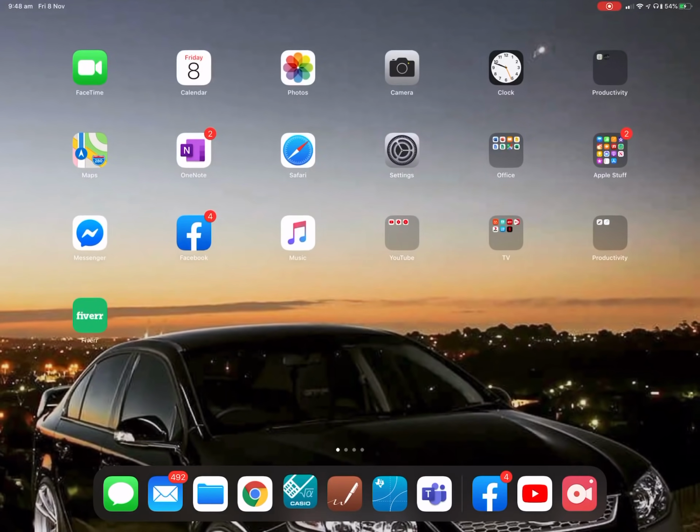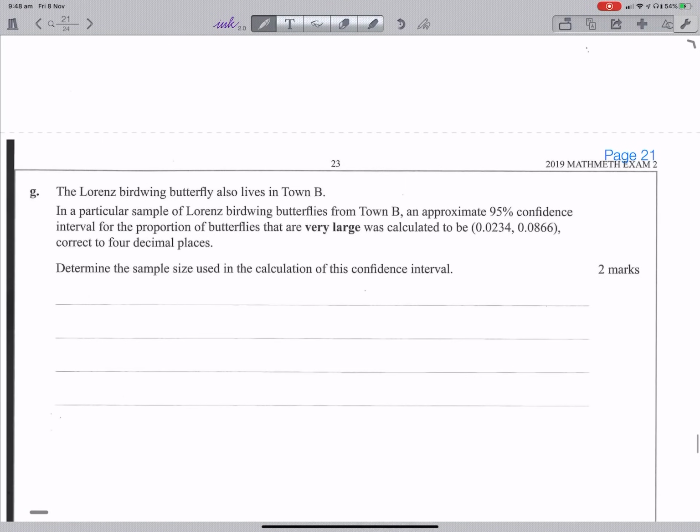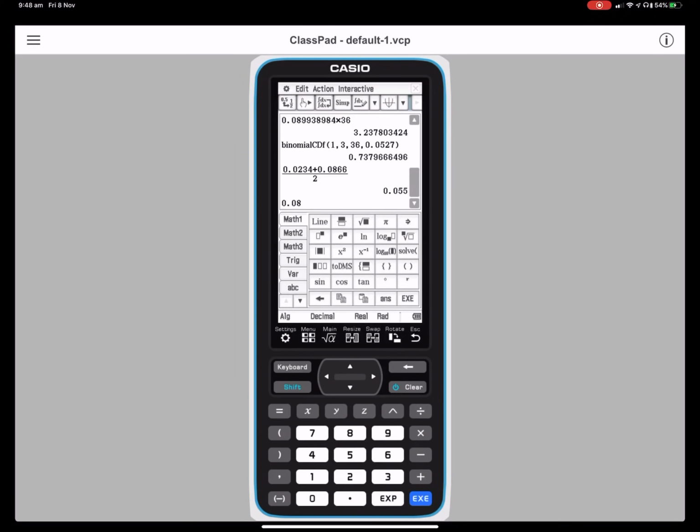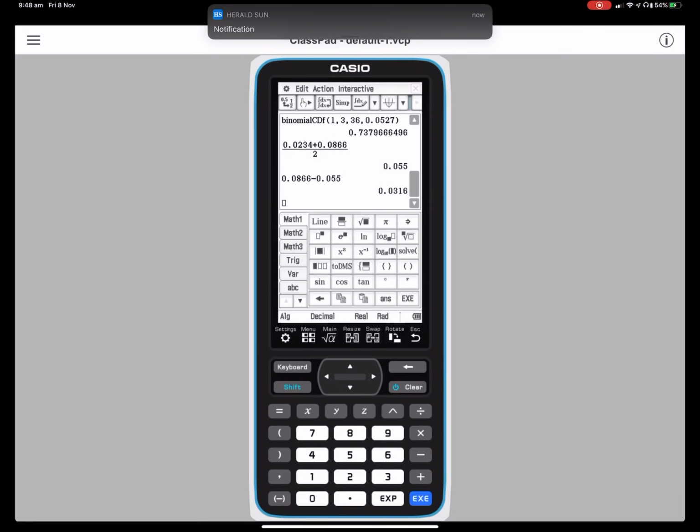So that's our p hat. So our margin of error is 0.866 minus that, 0.0316.